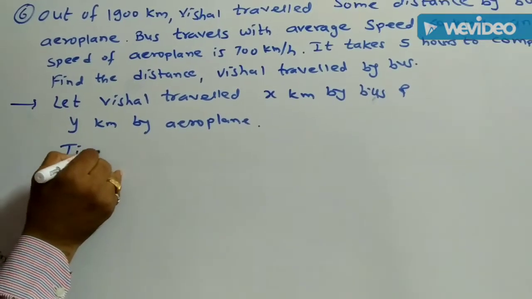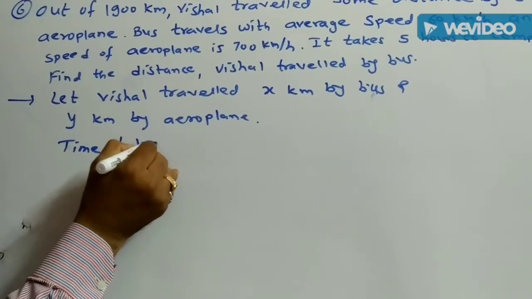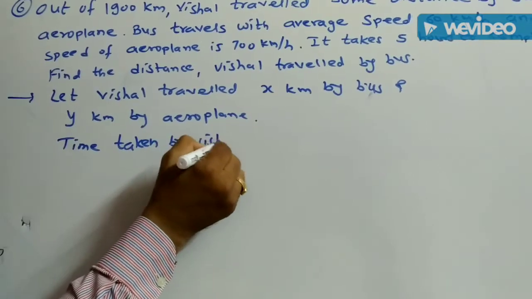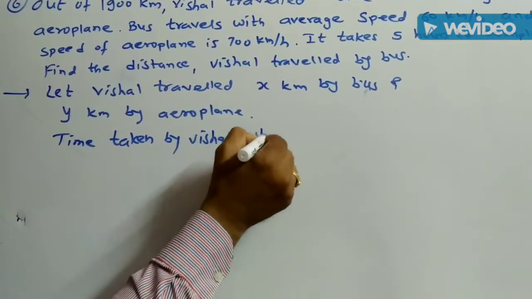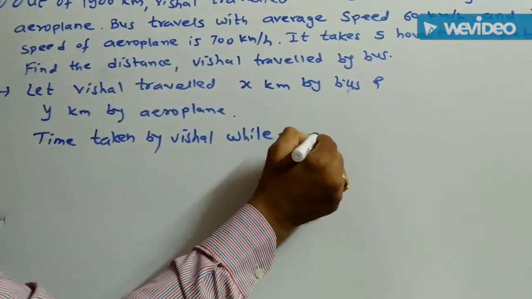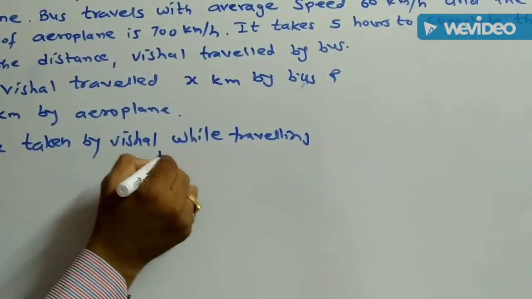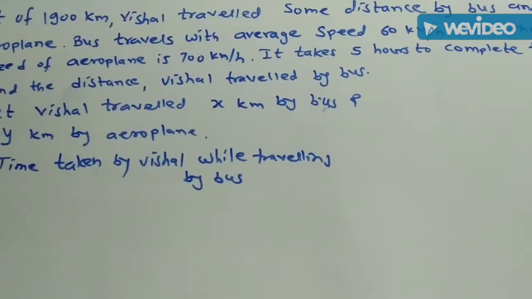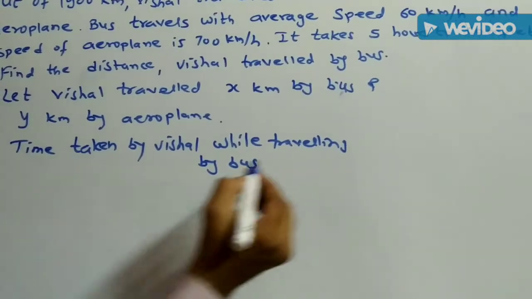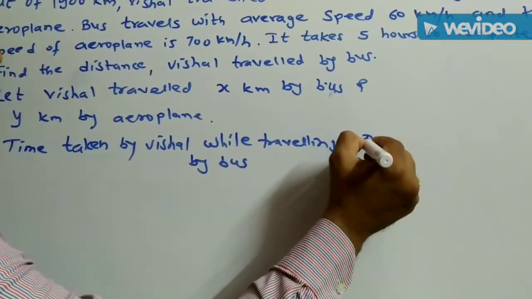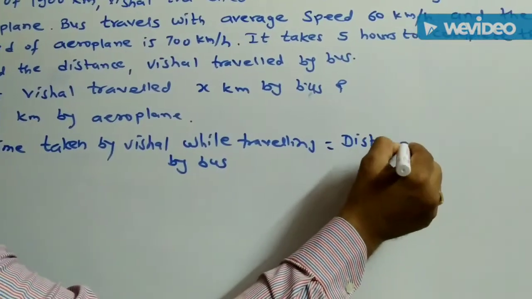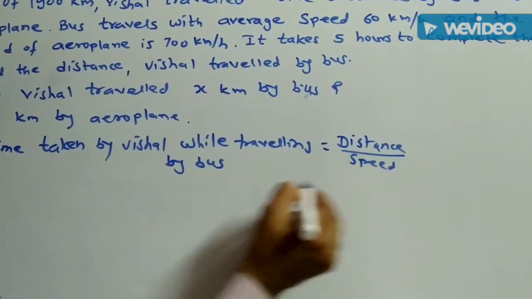Therefore we use the formula for time. Time taken by Vishal while traveling by bus: the formula for time is distance upon speed.